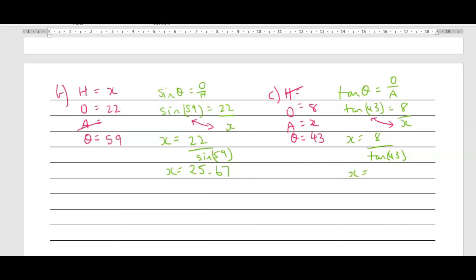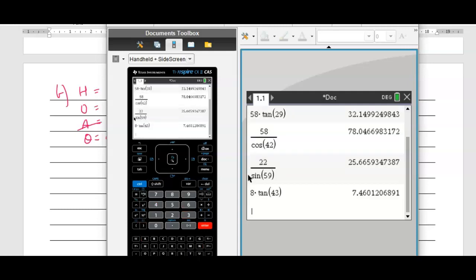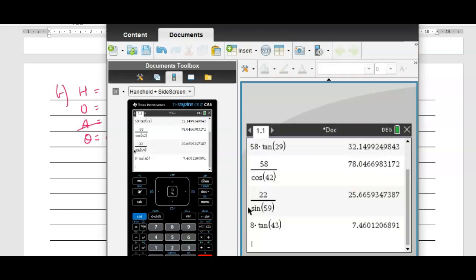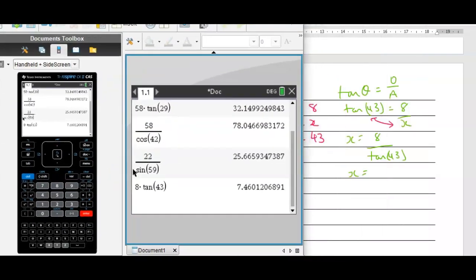So plug that into the calculator. Find my calculator. What was it? 8 tan 43? I think. Did I put that in correctly? Just let me check. Oops, I didn't do that right. Not multiply, it was divide, sorry.